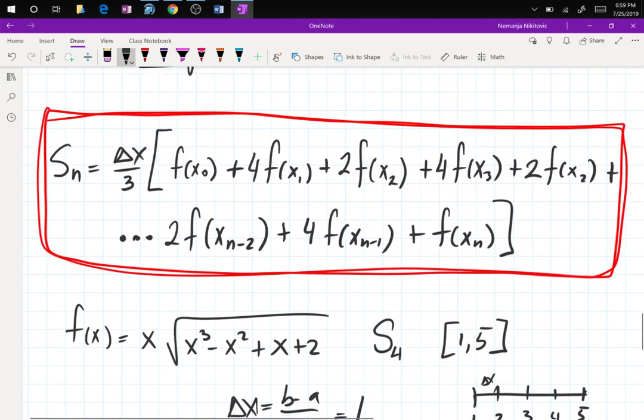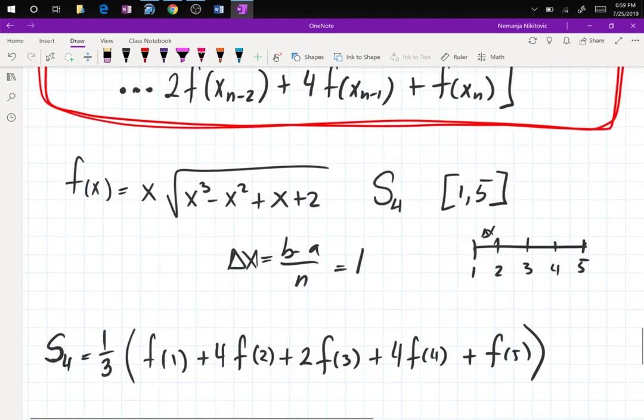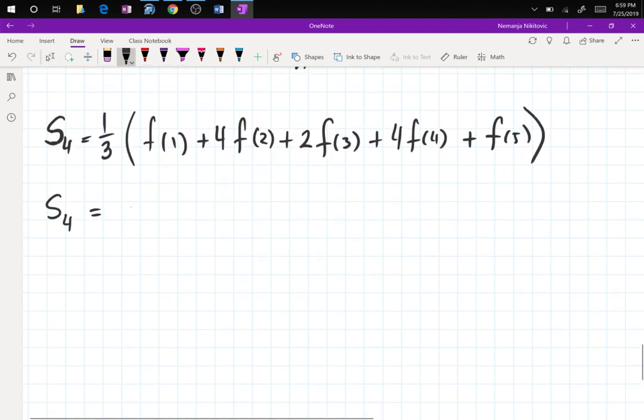So what I'm going to do is go up and steal this calculation off of the trapezoid rule. It won't let me steal it. Okay, fine. S4 is 1/3.